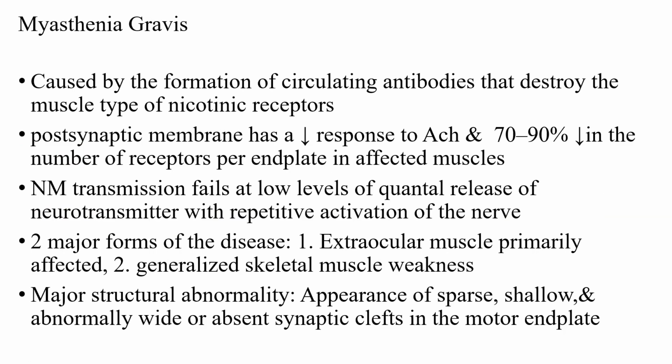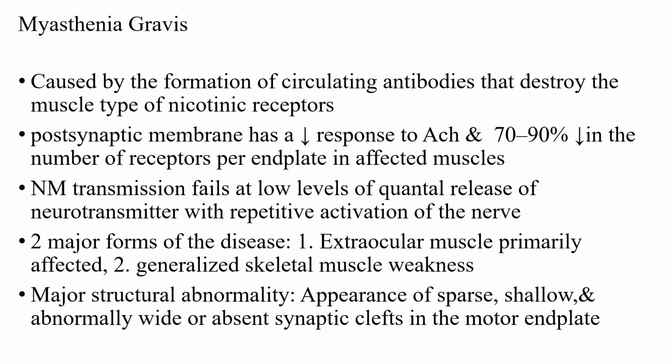Myasthenia gravis, this is a very common disease. I think you might have studied it before. This is caused by antibodies. It is an autoimmune disease. They form antibodies that destroy the muscle nicotinic receptor. We discussed the neuromuscular junction, where the nicotinic receptor causes muscle contraction. So if the receptor number is decreasing, what will happen? You are trying to contract the muscle, but it will not work.